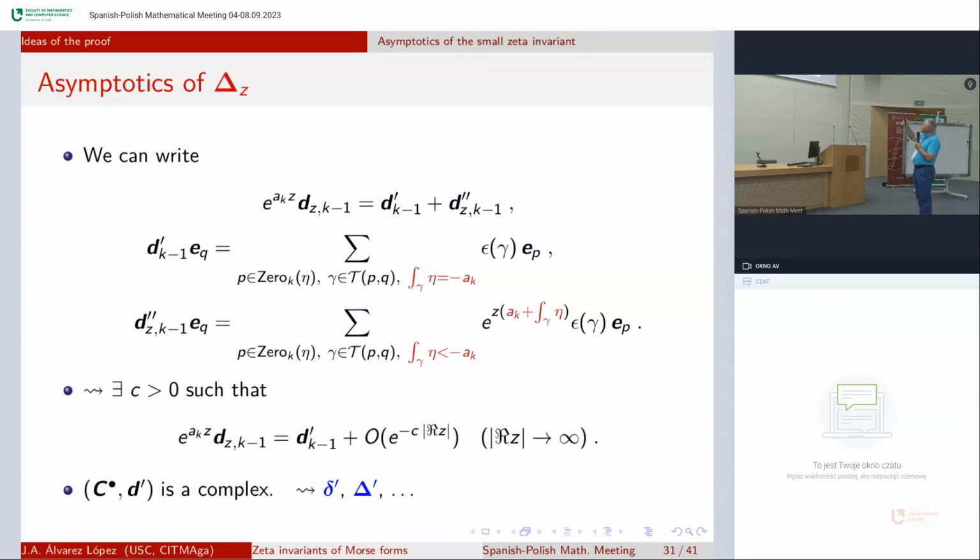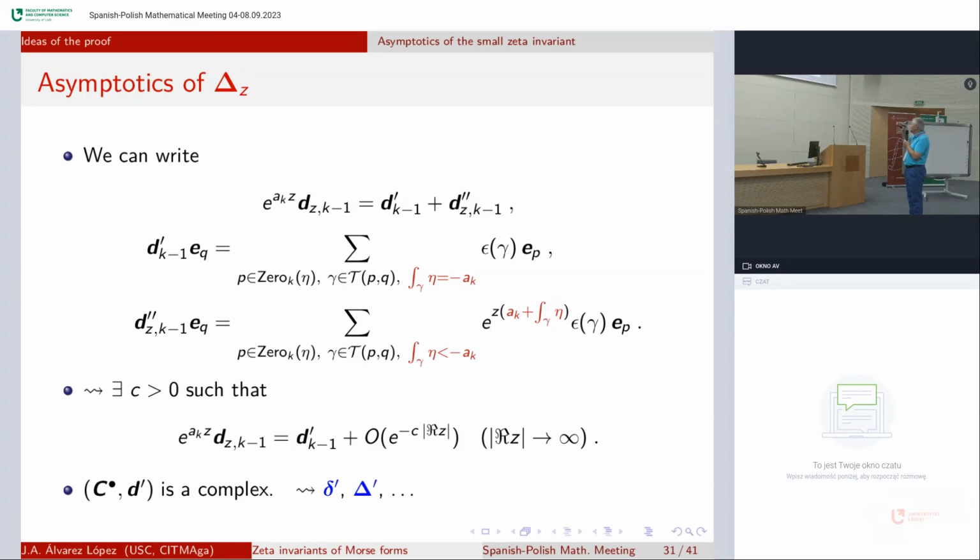Now if we multiply the twisted differential at every degree k minus 1 by the exponential of the above numbers a_k times the parameter, we can decompose it as a sum of two operators, one which is independent of the parameter, taking only the instantons for which the integral of the form on that instanton is minus a_k.